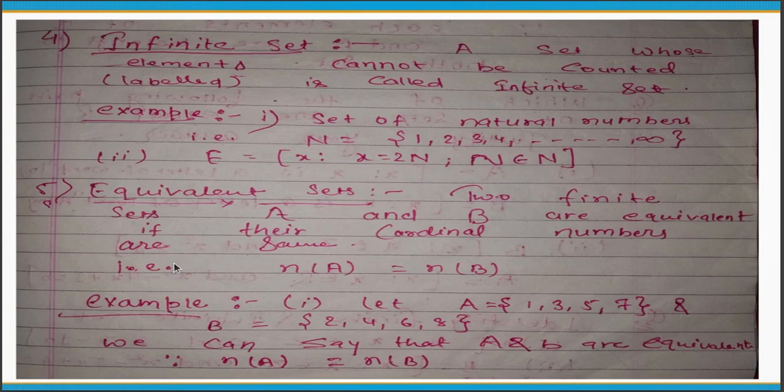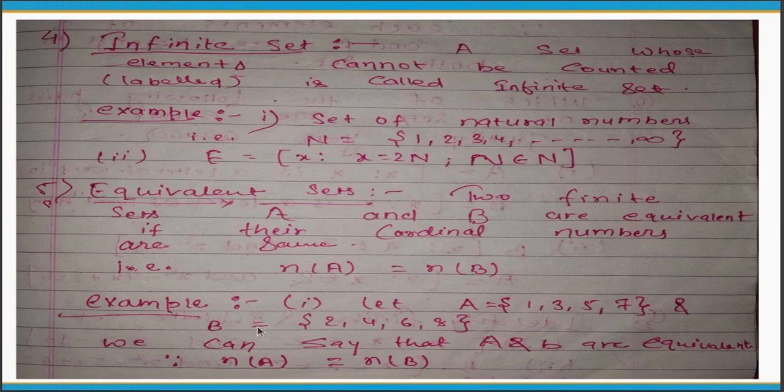If two sets have the same cardinal number, meaning the same number of elements, then we say that both sets are equivalent. For example, let A equal {1, 2, 3, 5, 7}.